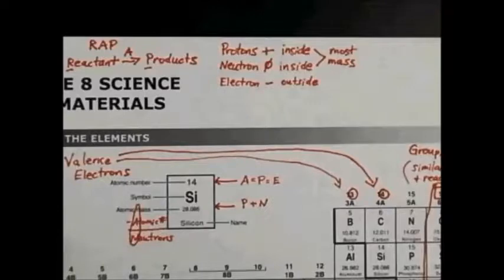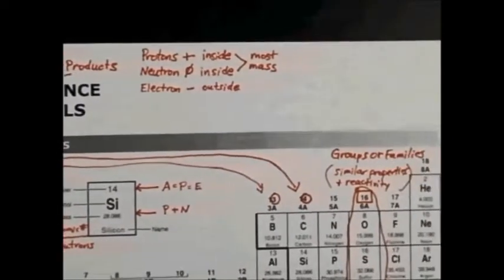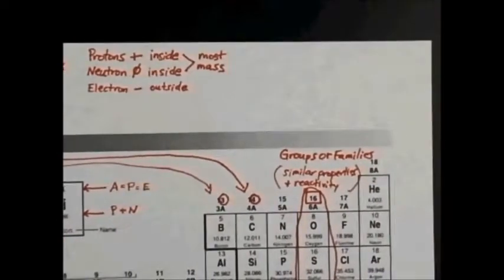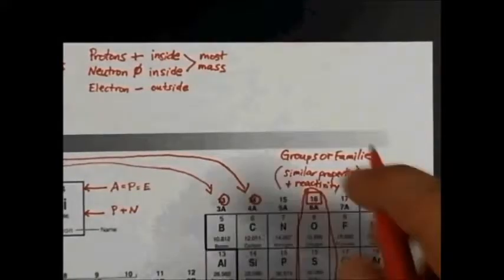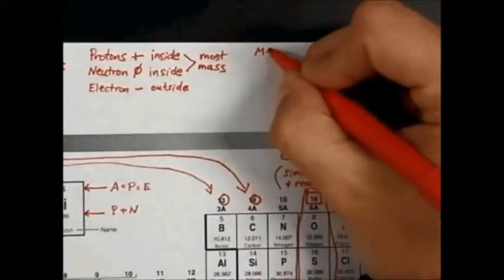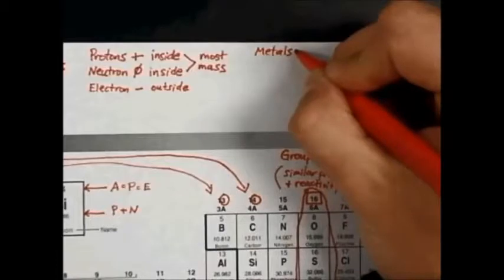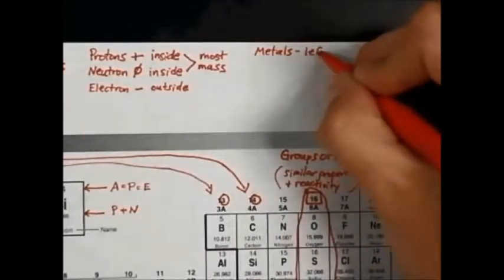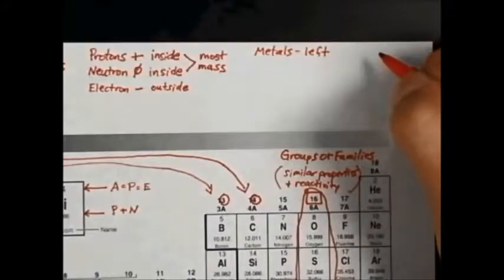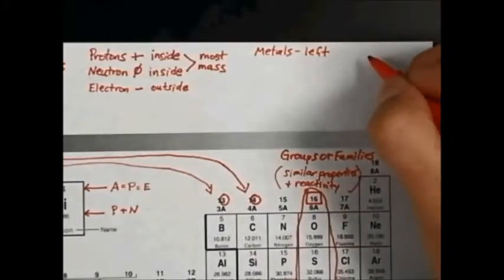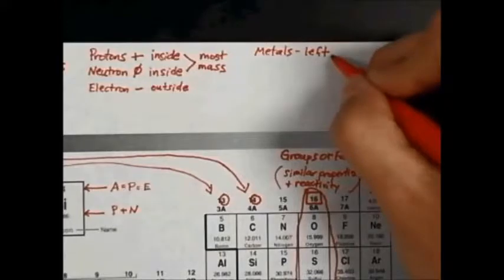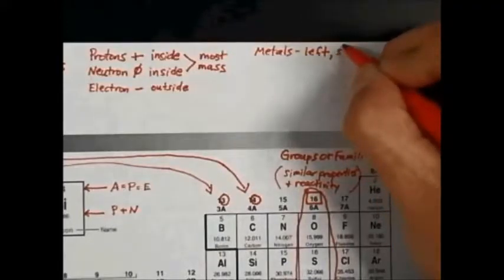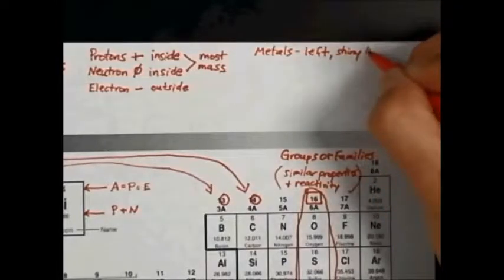And now as we move to the top right corner of the sheet, we're going to now talk about metals, metalloids, and nonmetals. So metals, we're calling those on the left side of the periodic table. So basically anything to the left of the staircase on the periodic table, we're saying is a metal, and they have similar properties. They have a shiny luster. That means they're shiny.